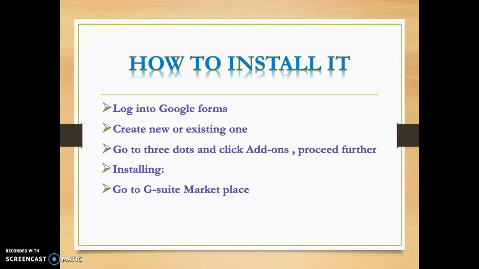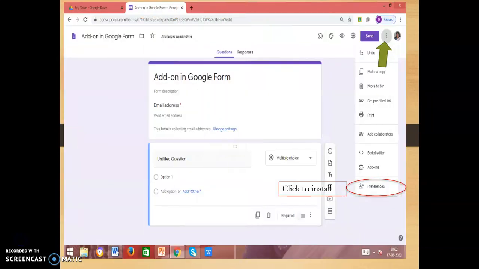Those who did not install it, go to the G Suite Marketplace. There you can search, browse and select the Certify-M add-on. As I told you, go to the top right-hand side. There will be three vertical dots. When you click that, it will show this.